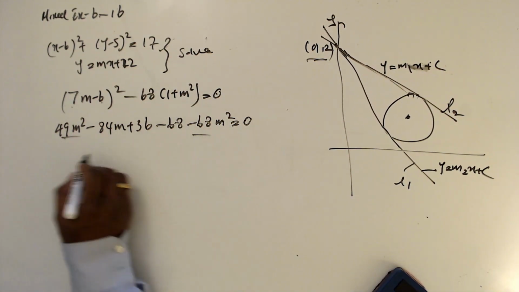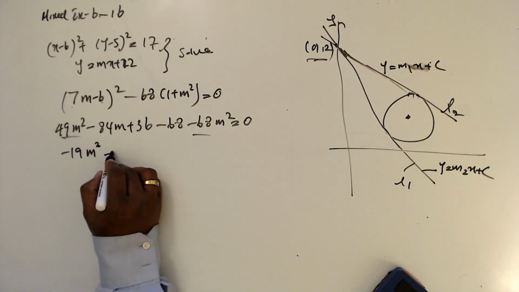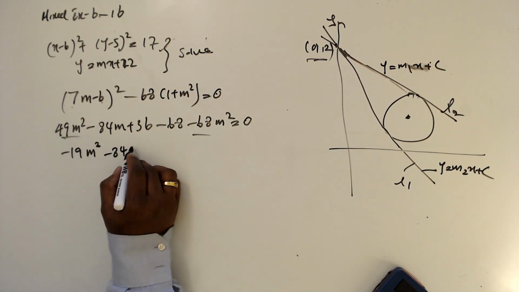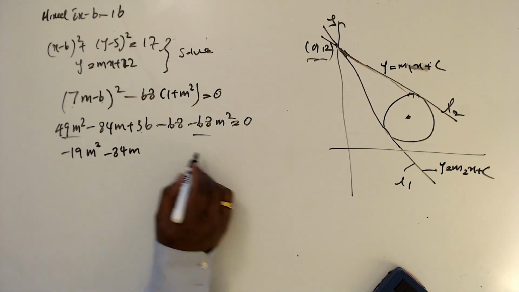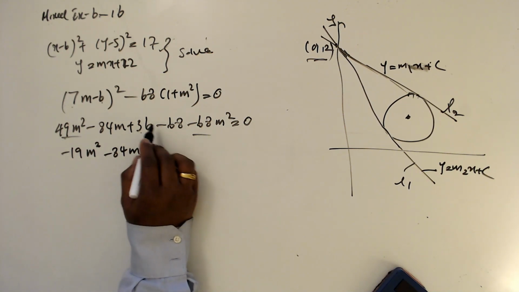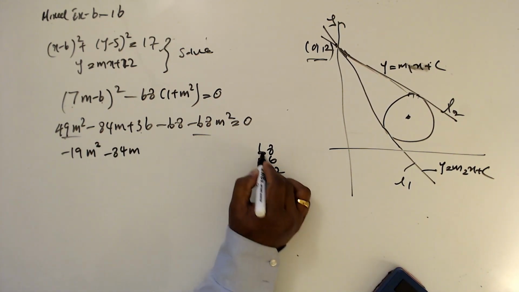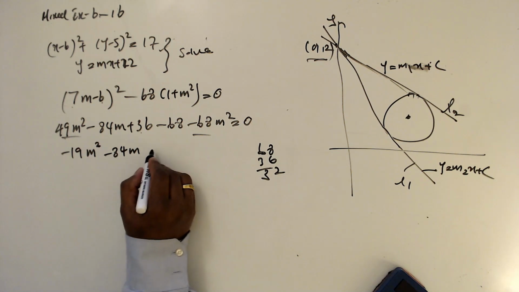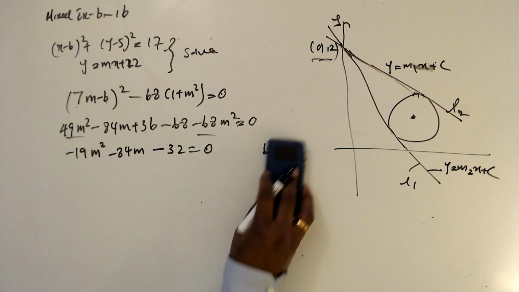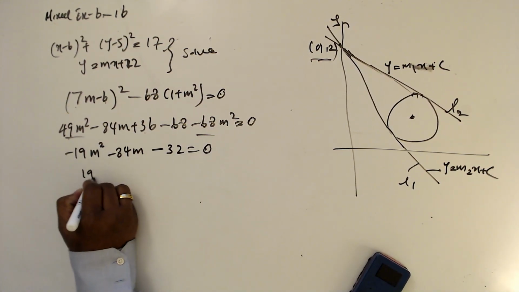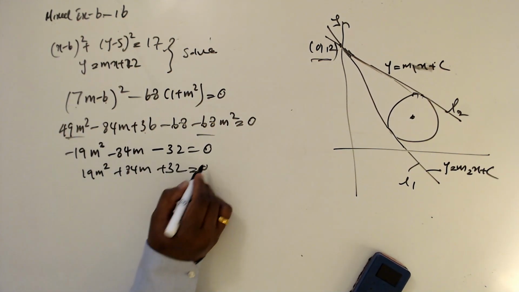So from here it is going to be minus 19 m square. This is going to be 84 m. This is going to be plus 36 minus 68, this is minus 32 equal 0. So multiply by minus: 19m square plus 84m plus 32 equal 0.